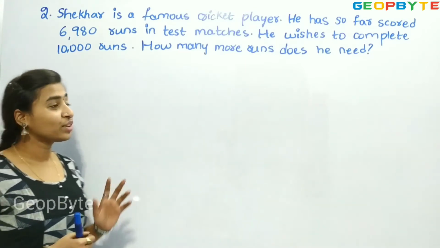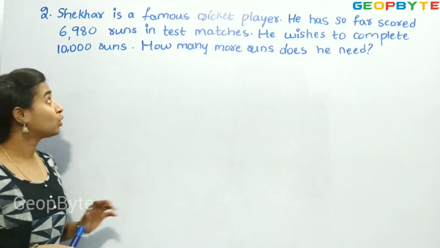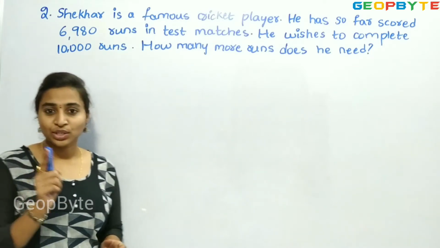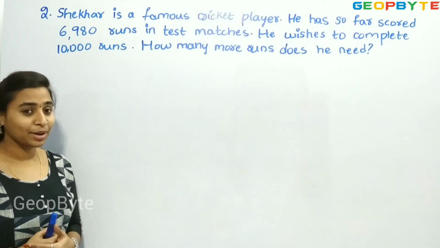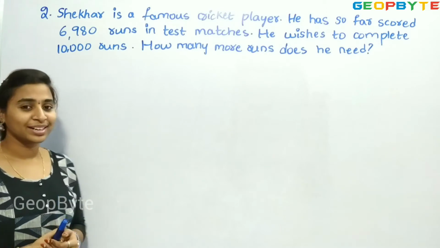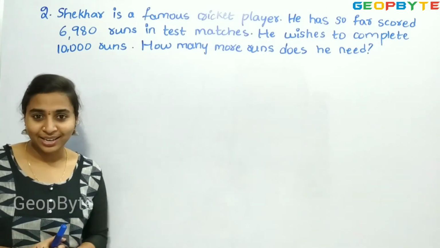So Shekhar is a famous cricket player. He has so far scored 6,980 runs in test matches. But he wishes to complete 10,000 runs. Right? So how many more runs does he need?